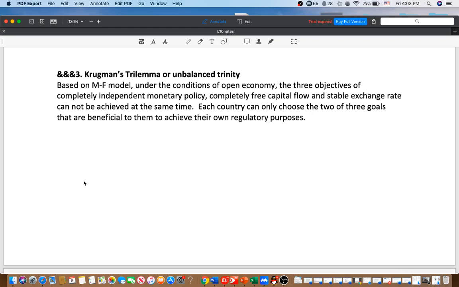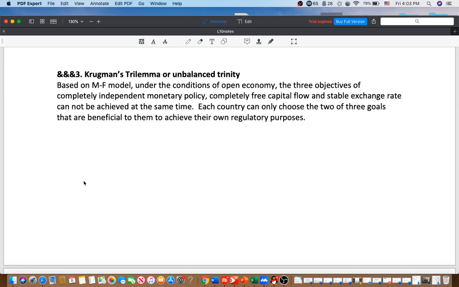So next is Krugman's trilemma, or unbalanced trinity. It is based on the model we just talked about, that is the Mundell-Fleming model, under the condition of an open economy.